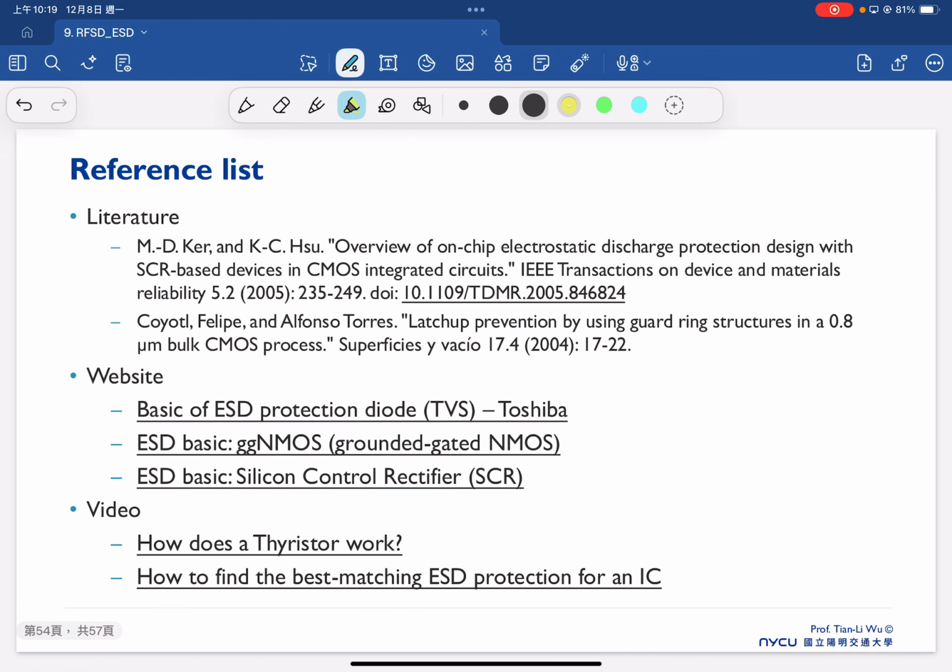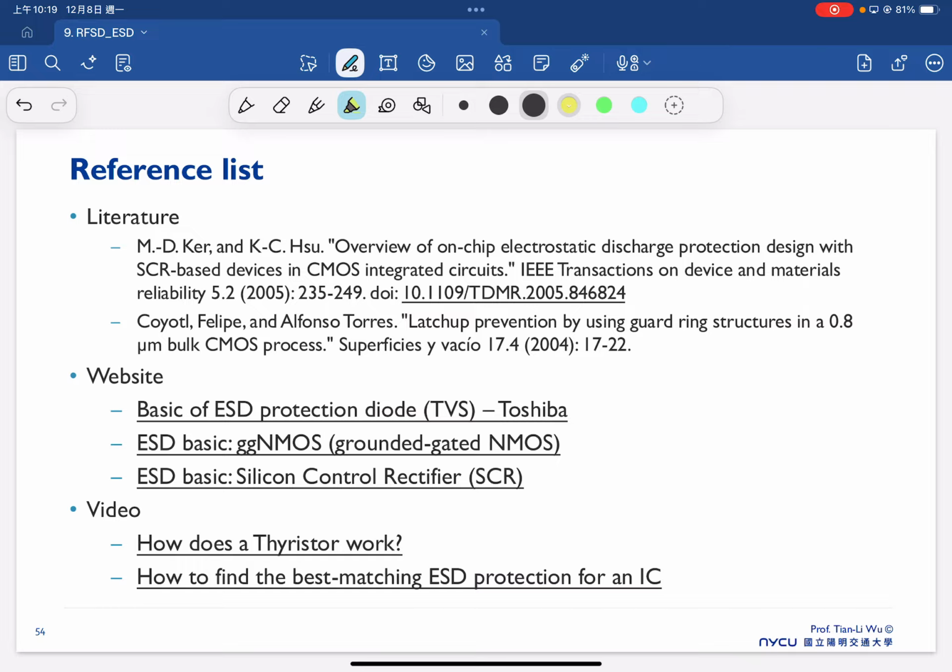Okay, so here is a reference list that you can try to look at. There is a lot of online literature, videos, and also academic papers that talk about ESD. In this lecture, we only go through the basics.